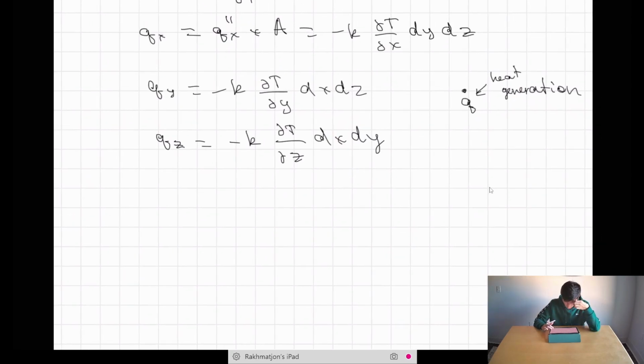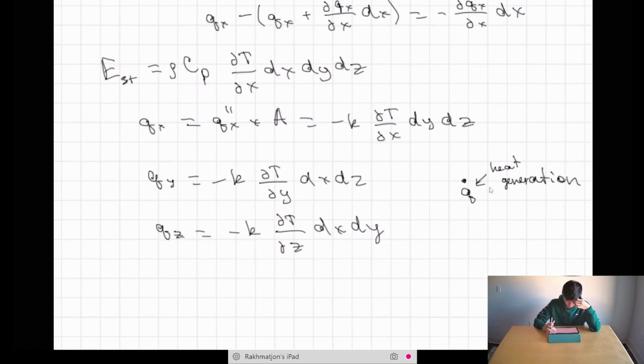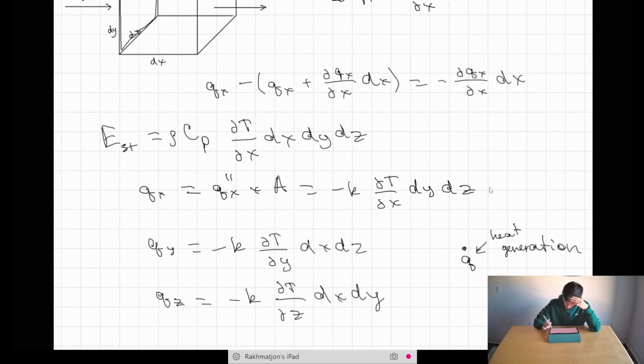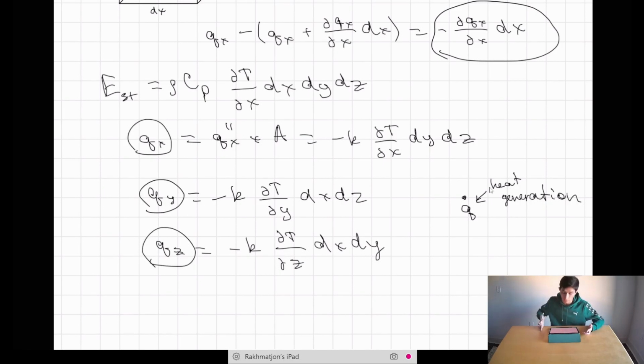So what we're going to do now is apply that to the energy that is left inside of the cube. So we found qx, qy, qz for each of the directions, right?